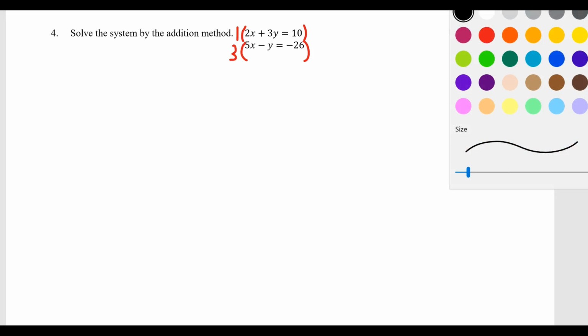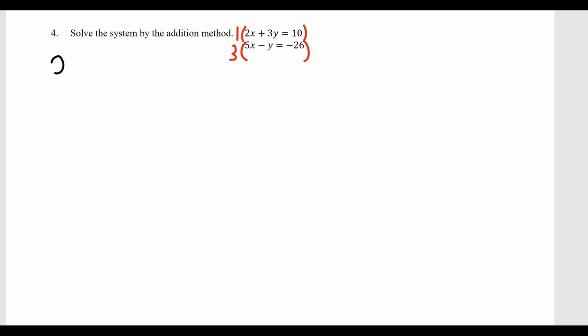When I do that, I end up with 2x plus 3y is equal to 10. Notice it didn't change a thing because I just multiplied it by 1. Then I'm going to multiply all of these by a 3, giving me 15x minus 3y is equal to a negative 78.